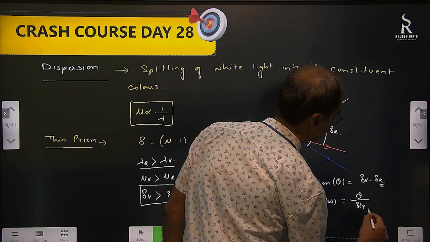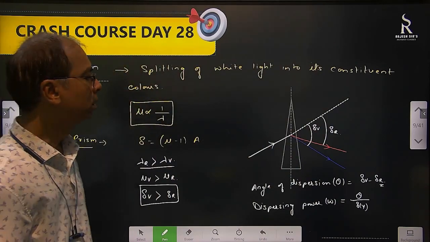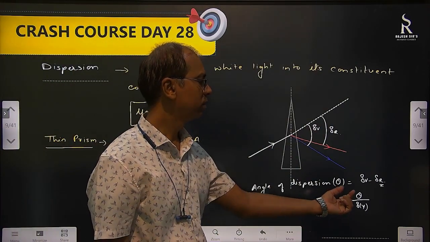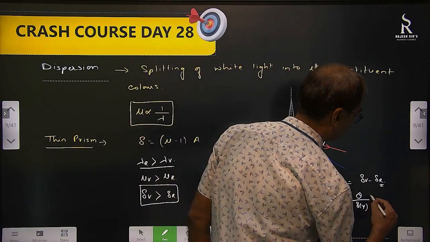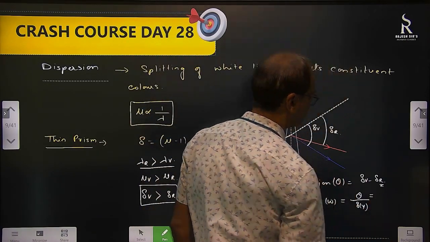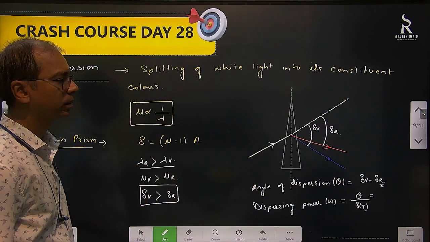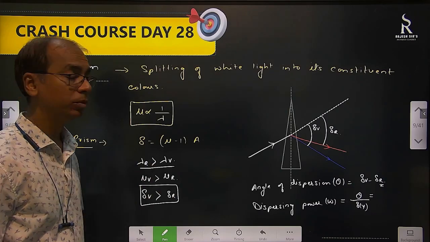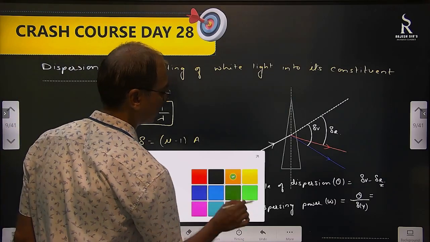Mean deviation means the deviation produced in yellow color. So dispersing power is omega equal to theta by delta y. Theta here is delta v minus delta r. Delta v we can write as mu v minus 1 into A, and delta r as mu r minus 1 into A. Let's get its value first.